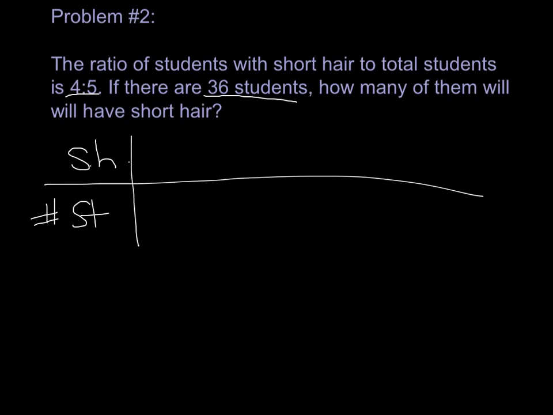My first ratio was for 4 students had short hair out of every 5 students. I need to again get to 36. Well, to go from 5 to 36, I'm going to have to break it down into 2 pieces and build it back up. So I think I want to start with 1.